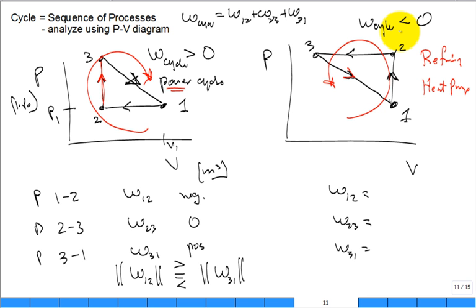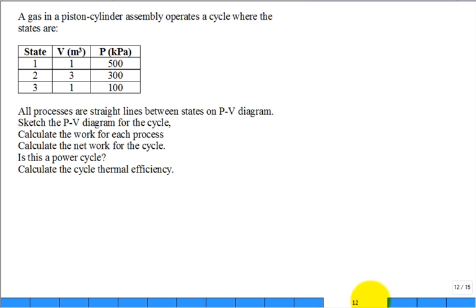All right. For each of these legs of these processes, we can write the first law. And then we can sum it up and analyze the cycle. Let's try this problem. A gas in a piston cylinder assembly operates in a cycle where the states are given. Let's just plot the states.